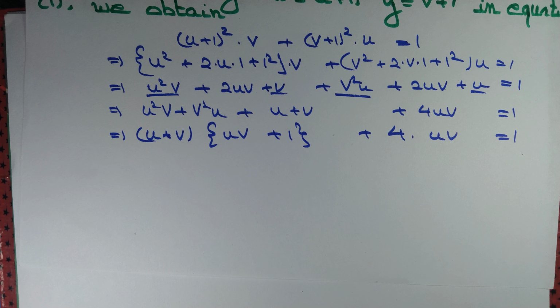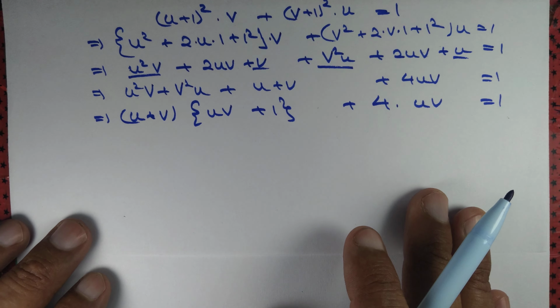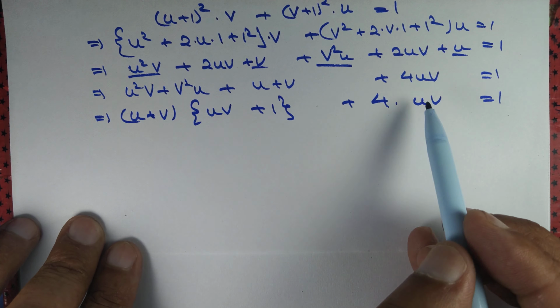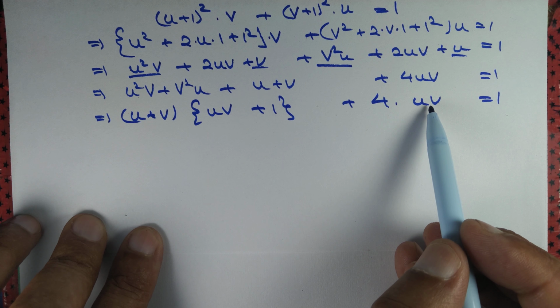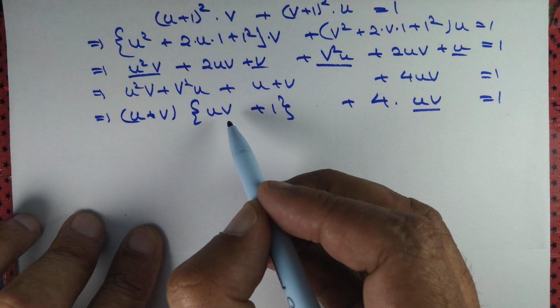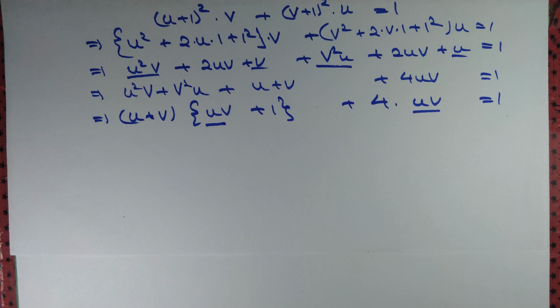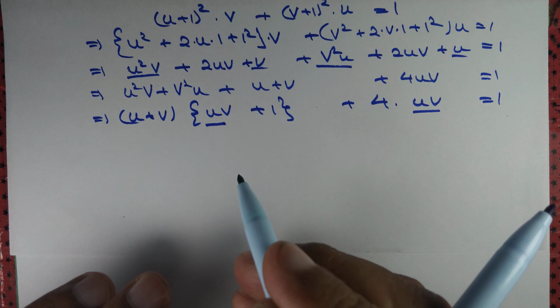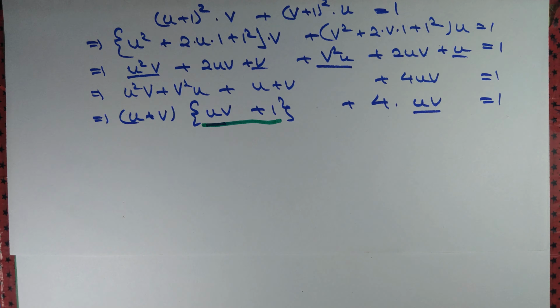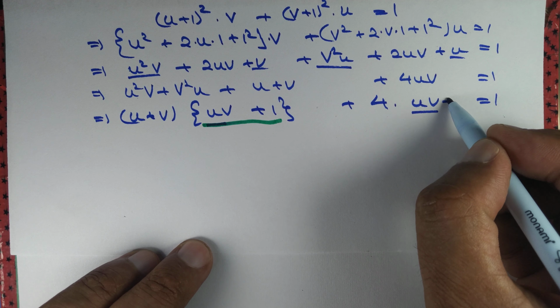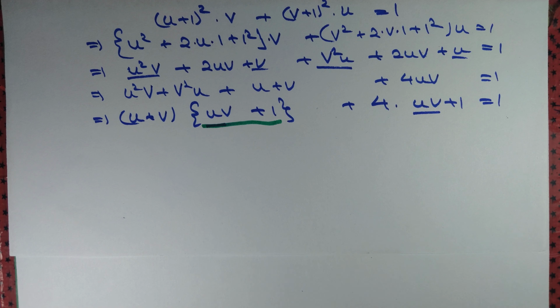But we want to factorize this expression on the left hand side. We have uv and uv here, but not just uv, we have uv plus 1. How can I get uv plus 1? Just add 1 to this quantity.